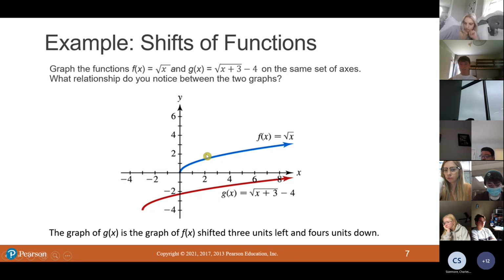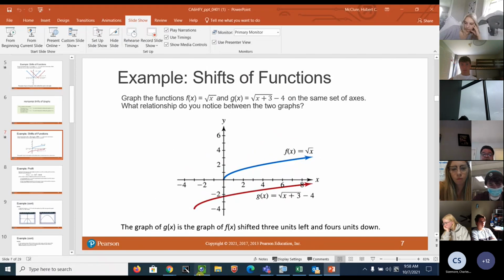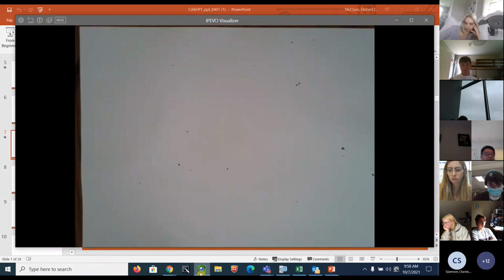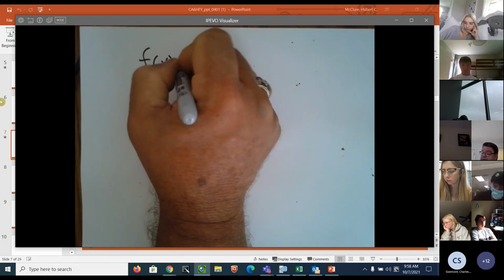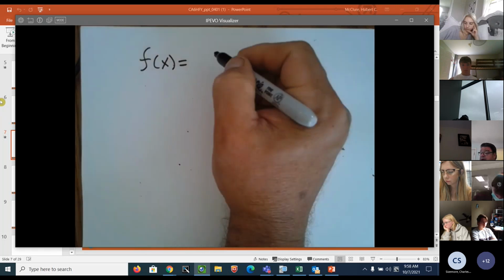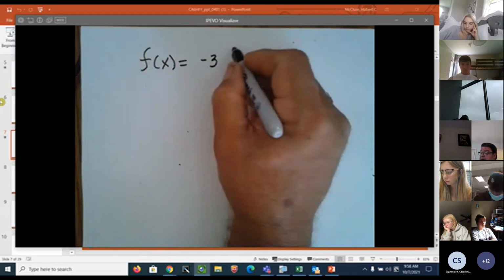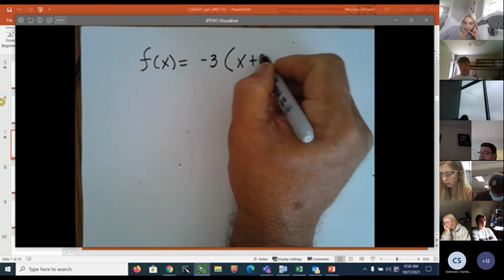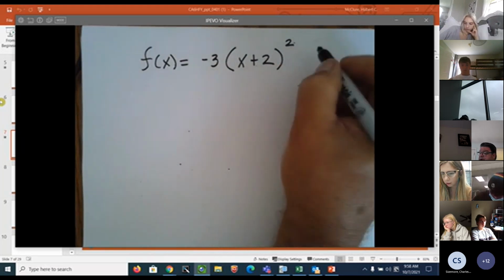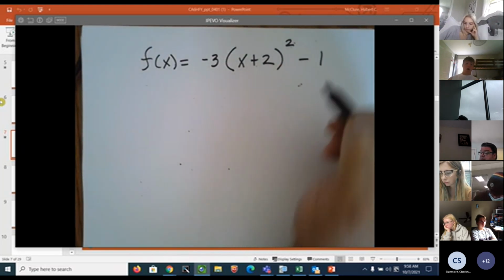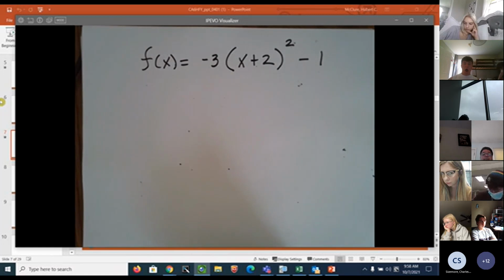Now remember, the way that you write these equations is in standard form. f of x is equal to, I'm just going to make up an example, -3 times x plus 2 quantity squared minus 1. That's intercept form.